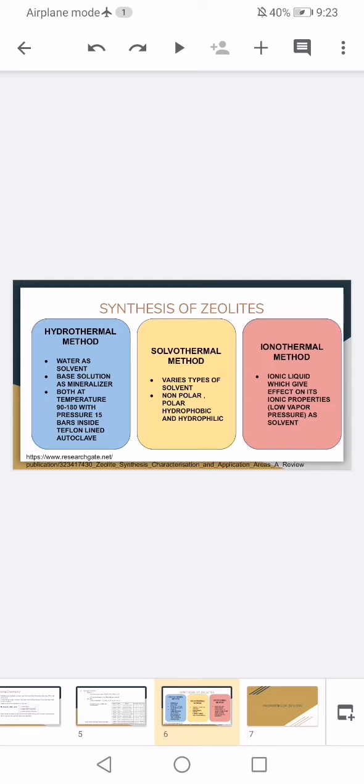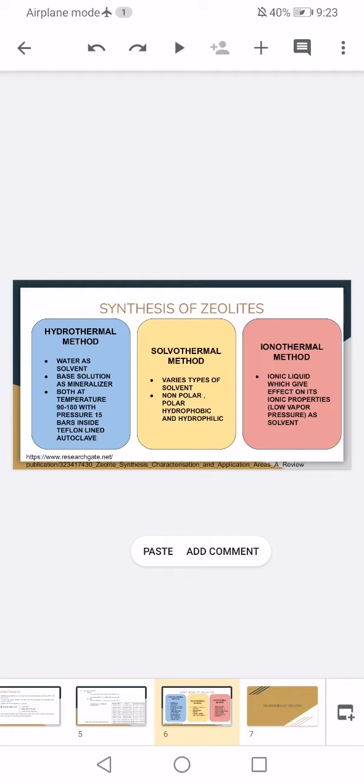So here are the three methods that have been used to carry out the zeolite synthesis in the liquid phase. First is hydrothermal, the second one is solvothermal method, and the last one is ionothermal method. Basically, the hydrothermal method is the earliest method that has been used to synthesize zeolite, with water as a solvent and base solution as mineralizer.